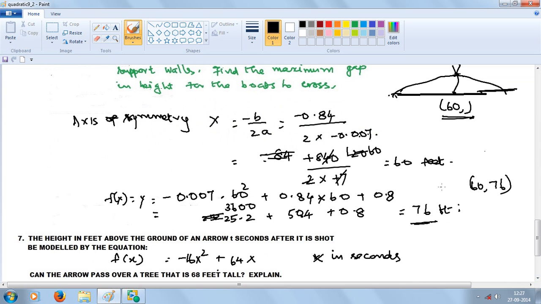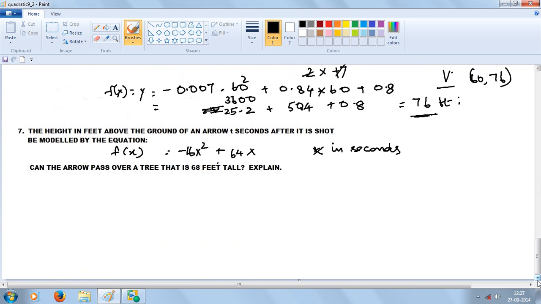That is the vertex. So this is the coordinate of the vertex, V is 60 comma 76, its height is the y coordinate. That is the answer for the above problem.